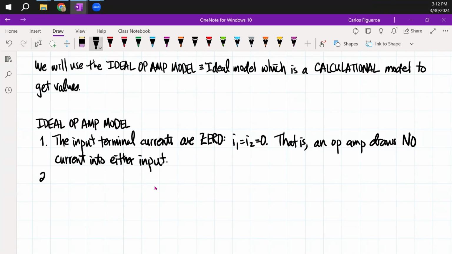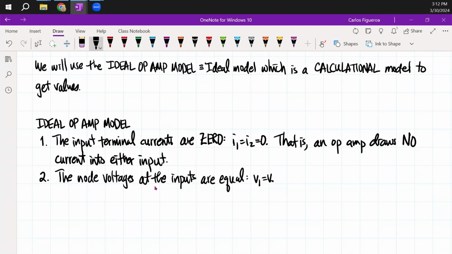And the second one is that the node voltages at the inputs are equal. In other words, V1 is the same as V2.